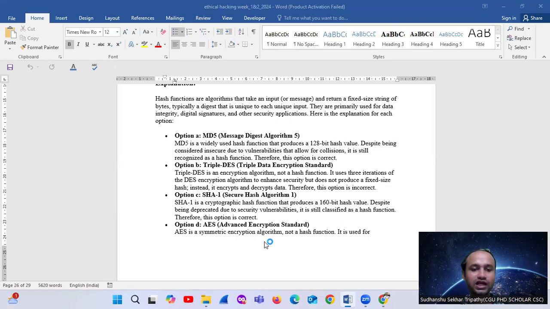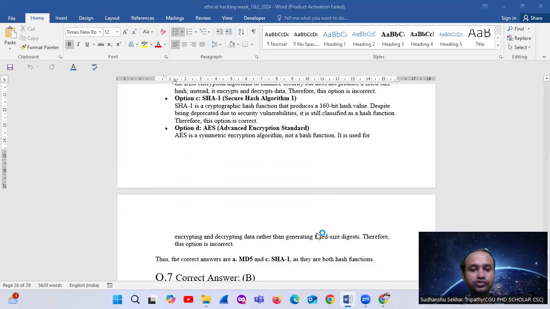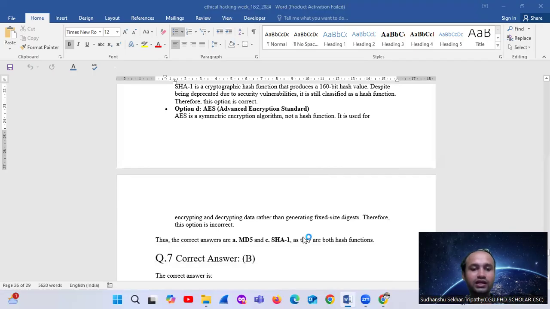Option D, AES means Advanced Encryption Standard. AES is a symmetric encryption algorithm, not a hash function. Remember this. It is used for encrypting and decrypting data rather than generating fixed size digests. So, therefore, this option is incorrect. The correct options are MD5 and SHA1.